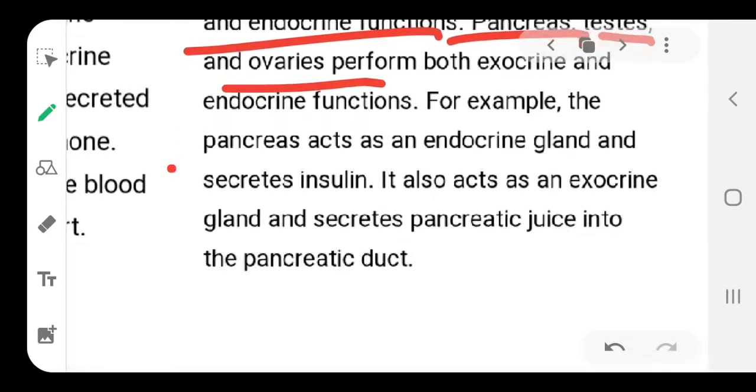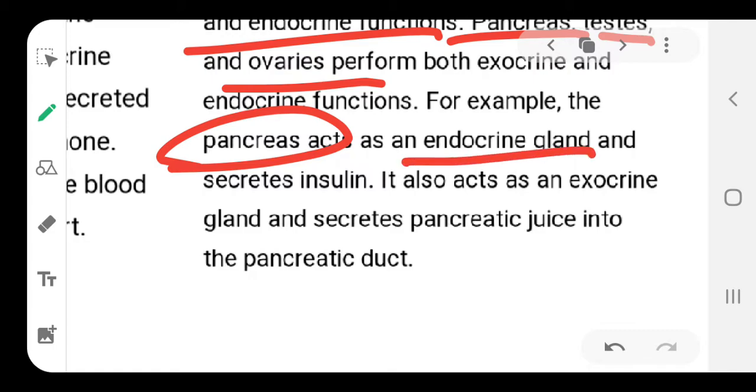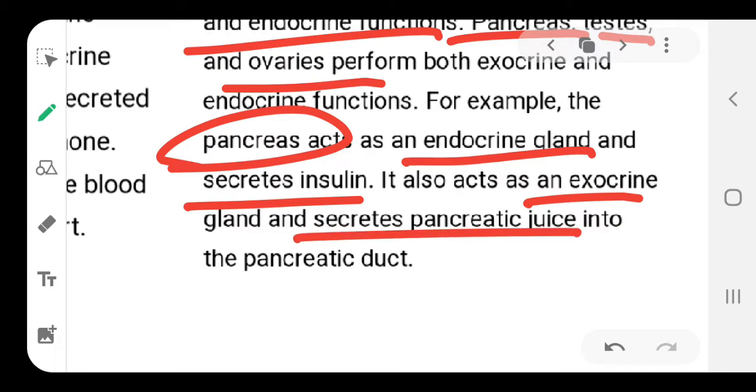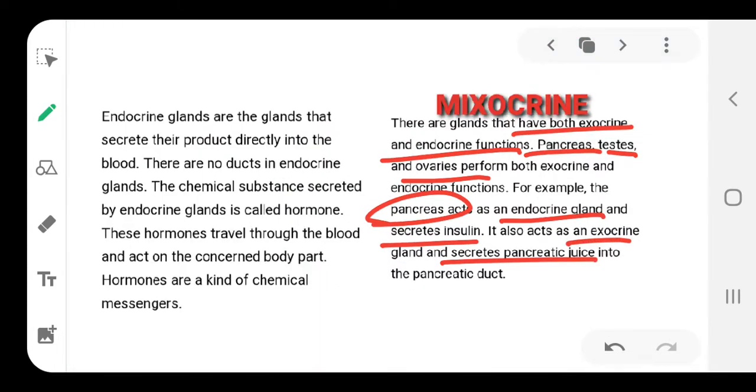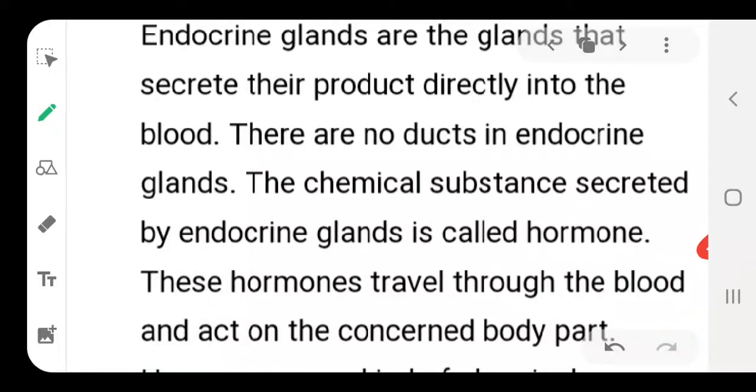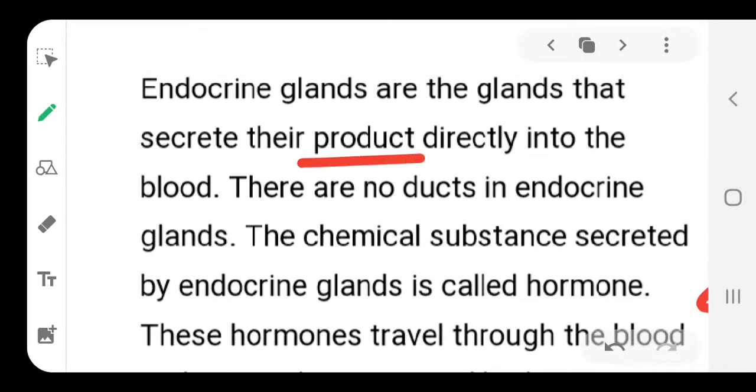For example, in case of pancreas, when it performs endocrine function it secretes insulin, and it also acts as an exocrine gland and secretes pancreatic juice. We have read this topic in the digestive system also, that you should be knowing about. Endocrine glands, we already have told you, secrete the secretion directly into the blood.